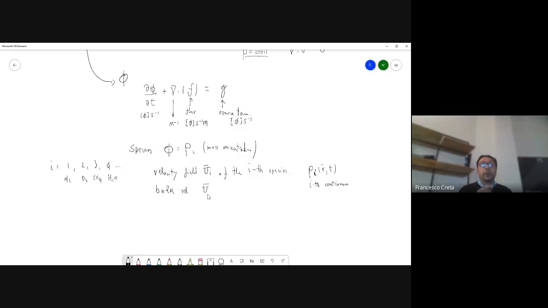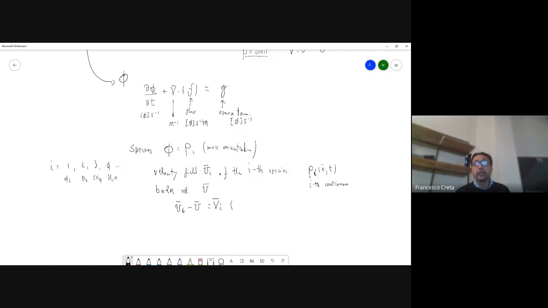That's the velocity field. The interesting aspect is that these two are not equal. They don't coincide. So v_i minus v is different from zero. Now, this is a sort of relative velocity if you think about it. The ith species as a continuum can locally move faster or slower than the average velocity. That is what we call diffusion velocity, and we'll indicate it with a capital V, still associated to species i.